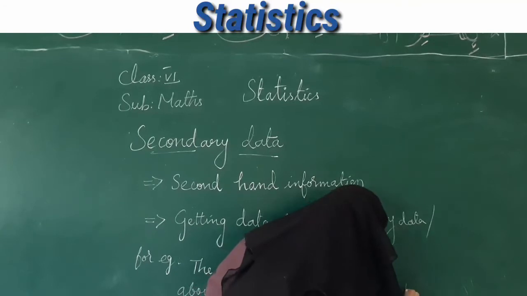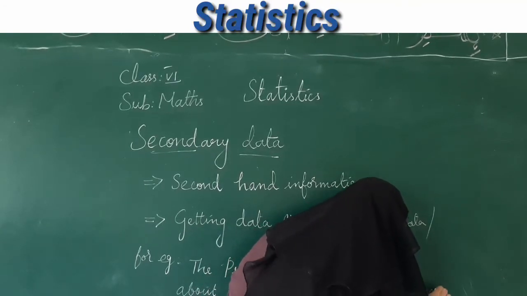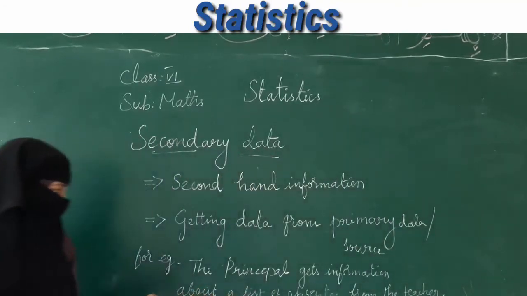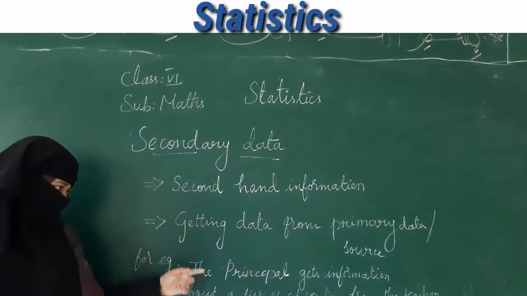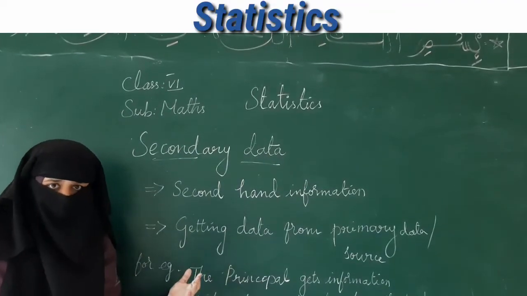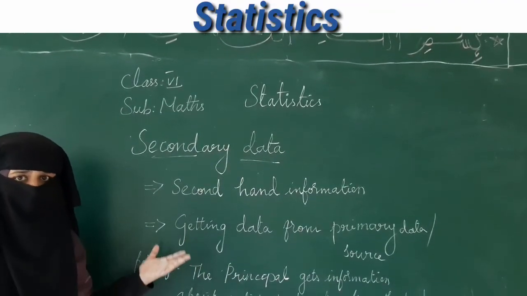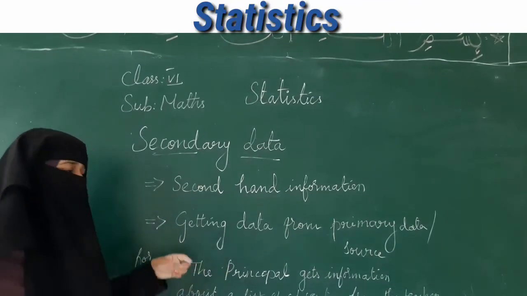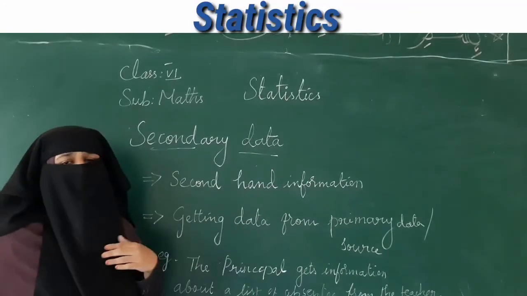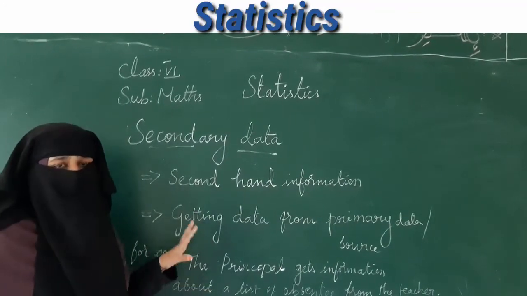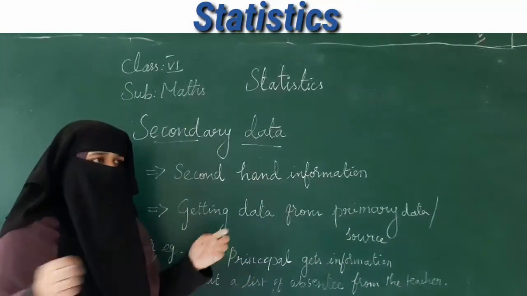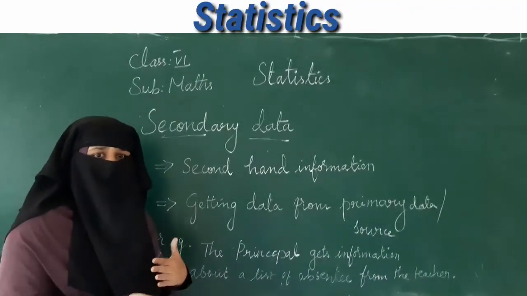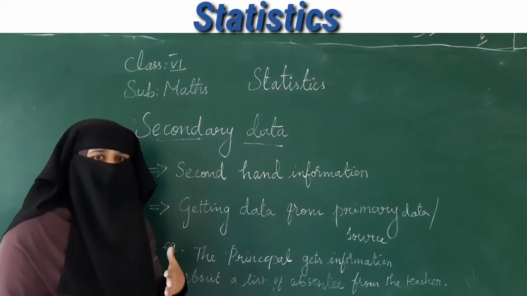He gets the information from the class teacher. That is, the principal gets information of the list of absentees from the teacher. He doesn't go to the classroom and get it directly, and he doesn't get the information from the students. He calls the teacher and gets the information from the class teacher. So this is called the secondary data.